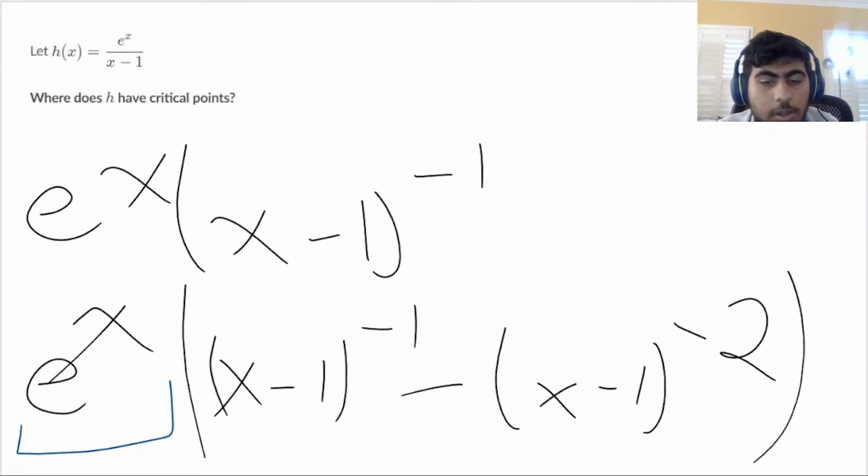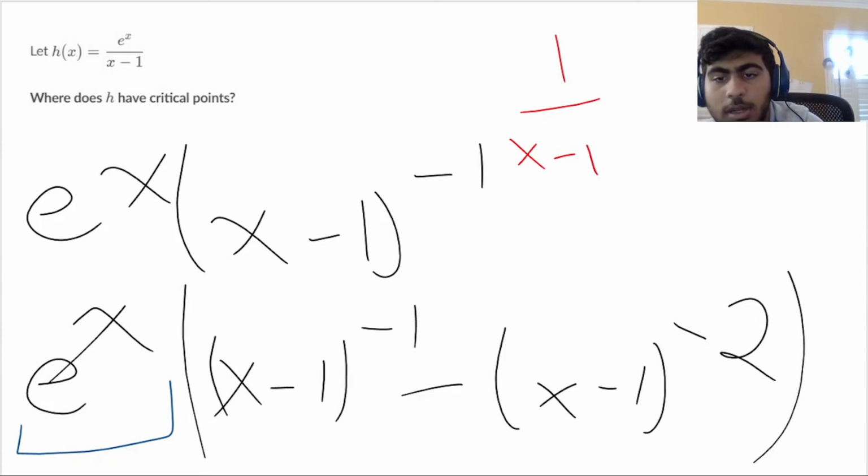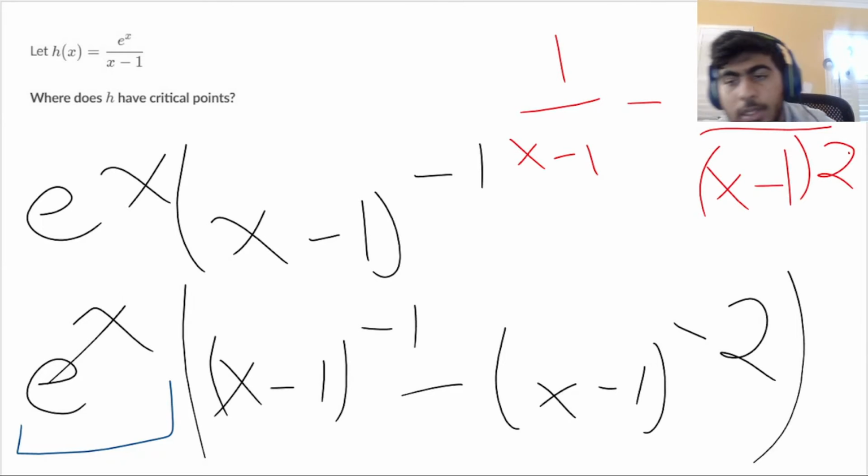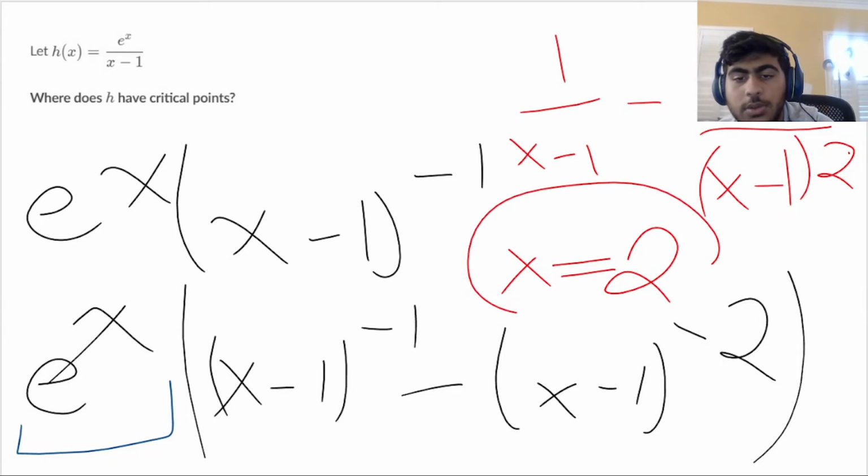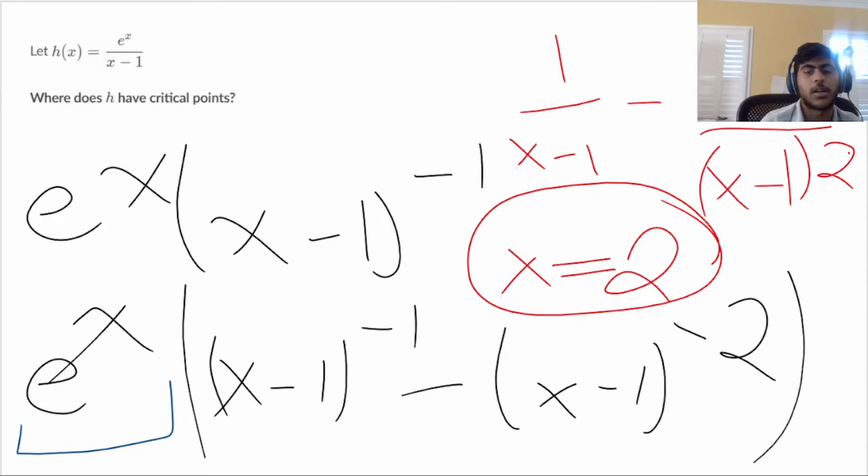The other term is going to be 1 over x minus 1 minus 1 over x minus 1 squared. So essentially, we just want those two to be equal. So we end up with x equals 2. That's a critical point for this function.